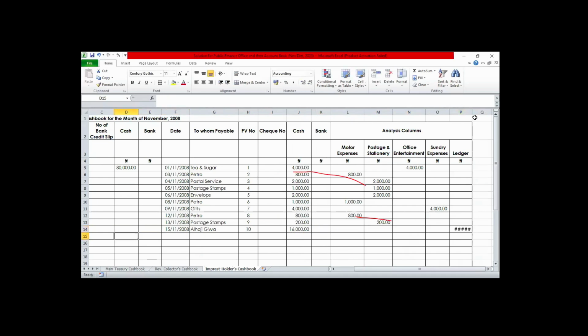The next one. November 16, Olamide, 10,000 naira under ledger account. How much is that? 10,000 naira.